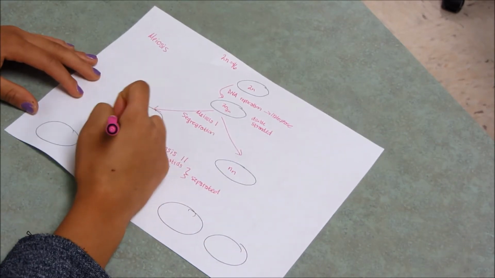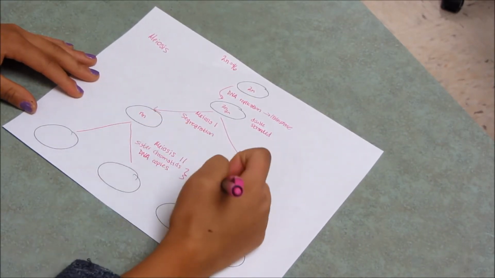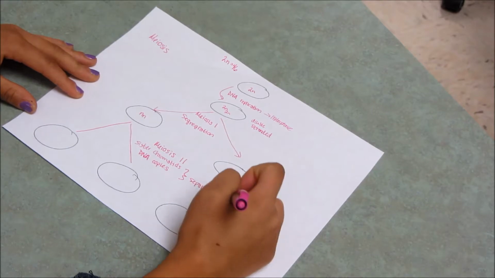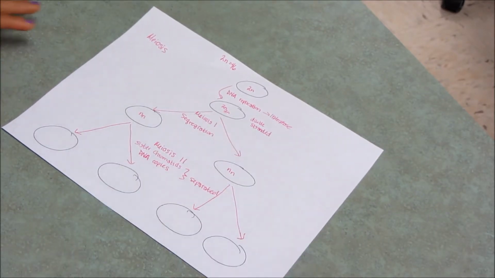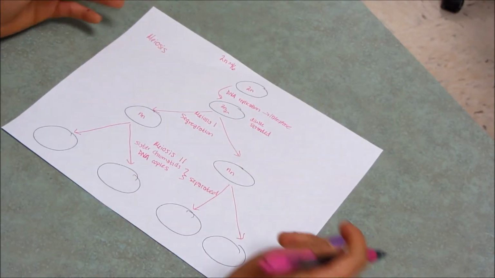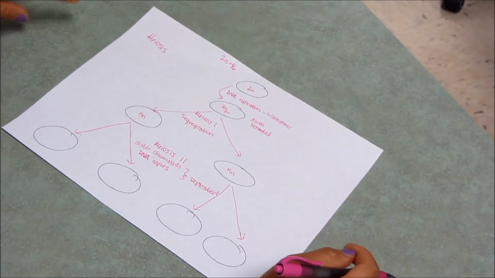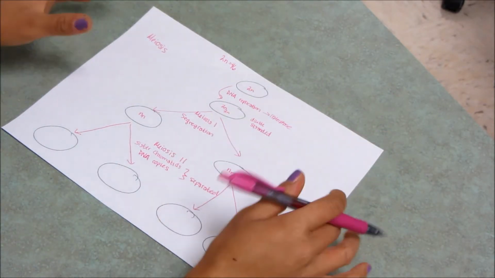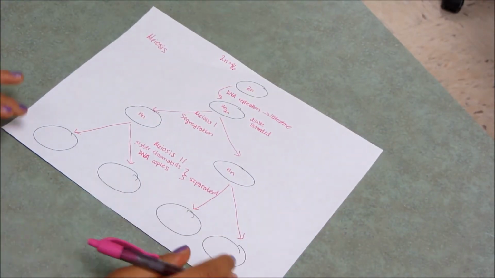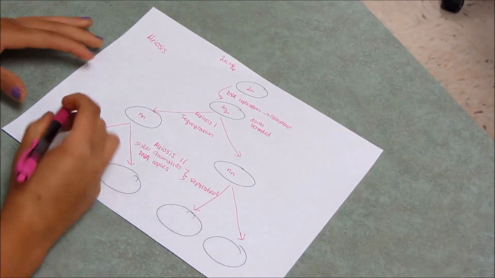So from here, you get 4 cells, because each cell again divides into 2. So instead of in mitosis where you have 2 diploid cells, both identical, we have 4 cells in the product.